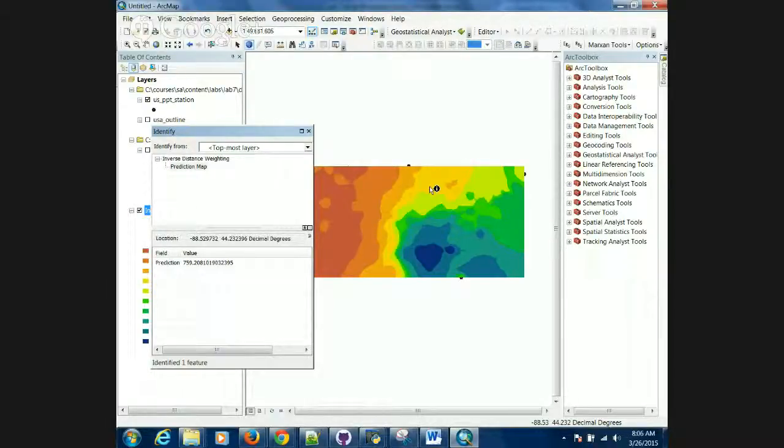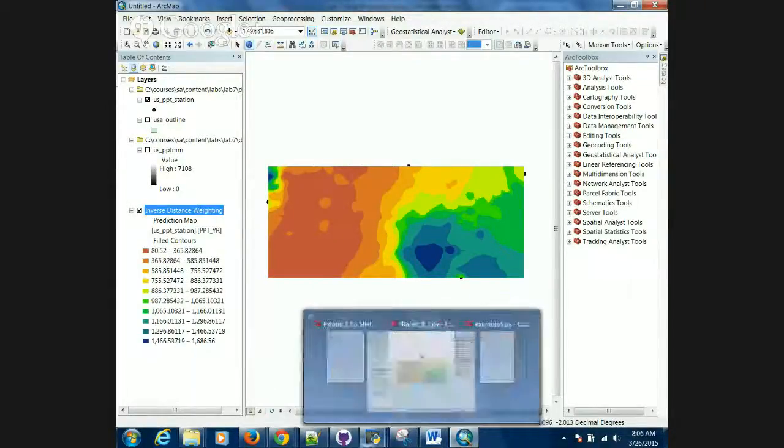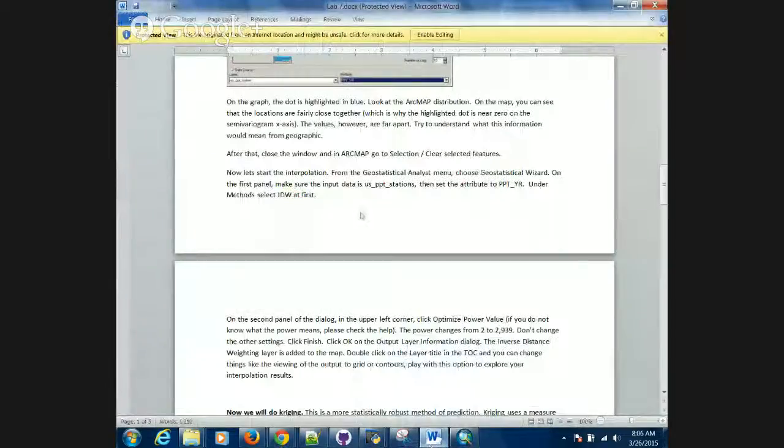And since it's only calculating one value, it can do that pretty quickly. But again, this is not a layer on disk. It's a virtual layer.